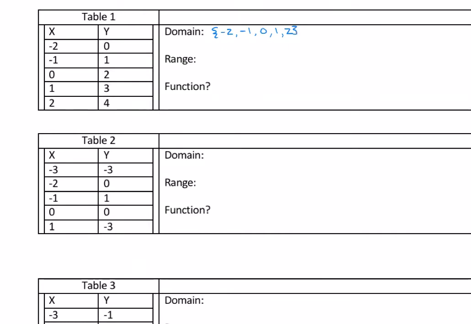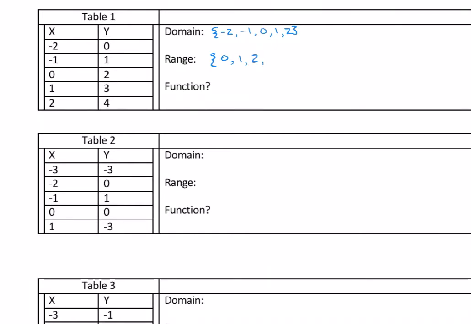I'm going to use squiggly braces around these. Squiggly braces, what we mean by squiggly braces is x equals each one of these values. We also have range. So for our range, remember that we want our y coordinates.